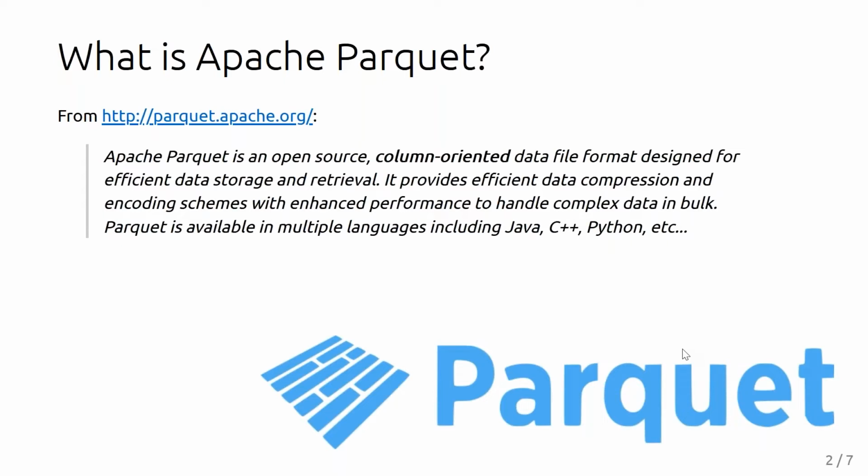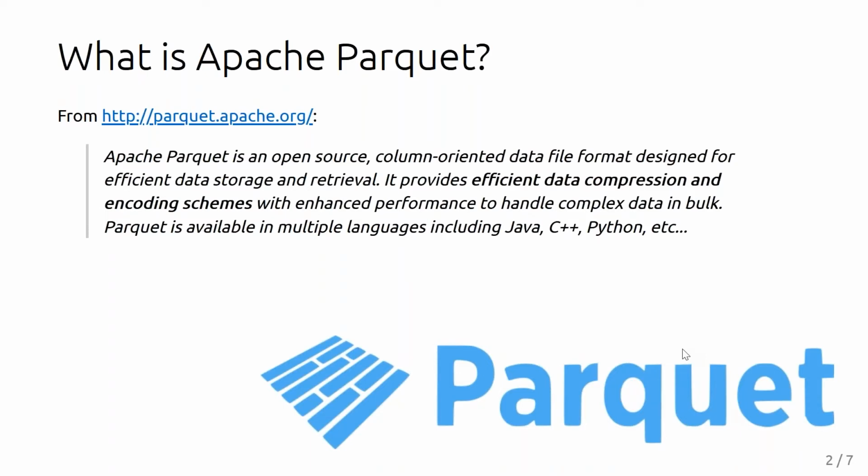It's a column-oriented file format. Maybe also to mention it's a binary file format, and column-oriented means that the data are stored by column, or at least by chunks of a column, and are therefore also well suited for heavy analytical workflows.